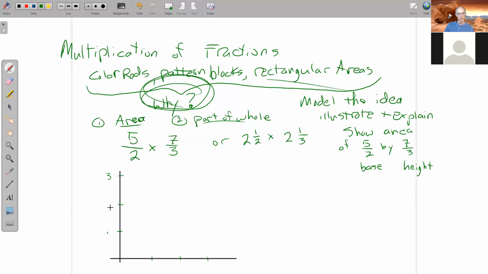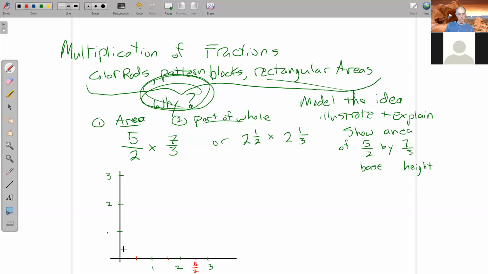For my base, I need halves, so I should mark off some halves here. And I want 1, 2, 3, 4, right here would be 5 halves. That's the edge of my figure for the width, the base.